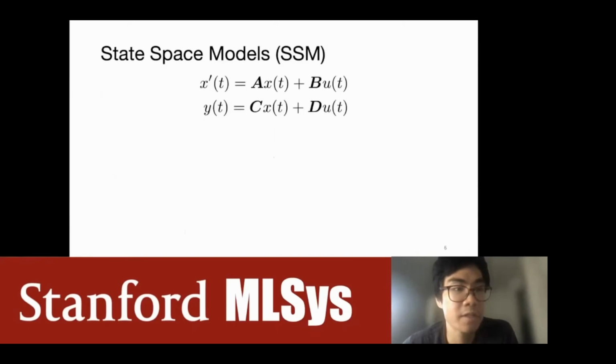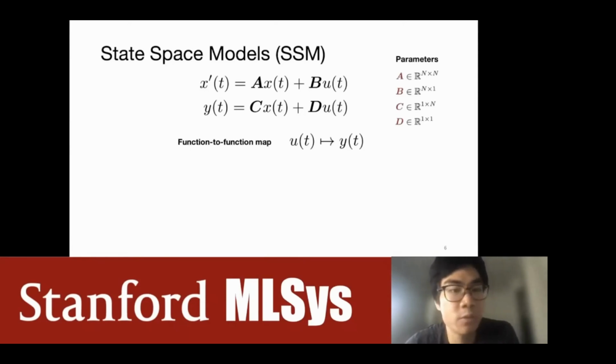Okay, so first, I'll introduce the model and walk through a bit of the mechanical details. The model is based on the state space model, which is a well-known model in many scientific and engineering fields. It's defined by just these 2 equations. The way we think about it is that these 2 equations define a parameterized function-to-function map.